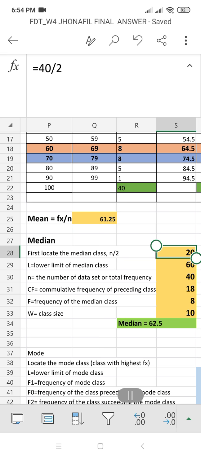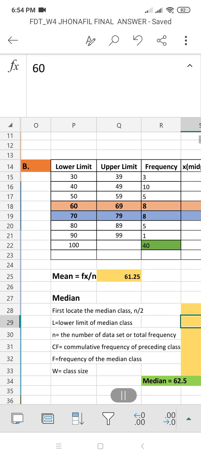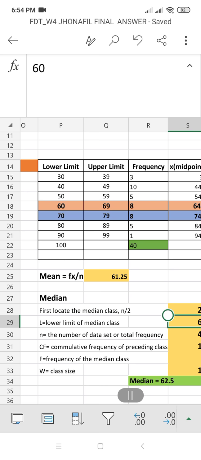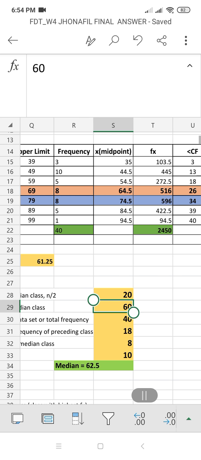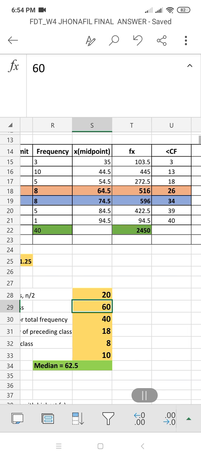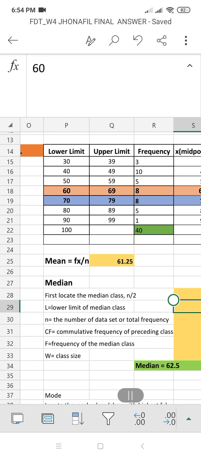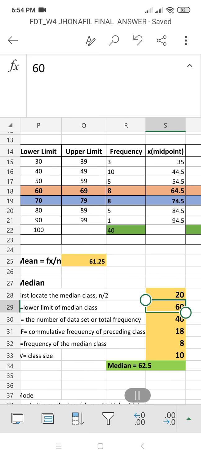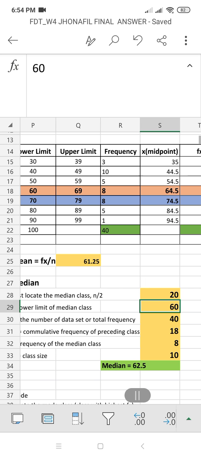Then what is the lower limit of the median class? In the median class, our lower limit is 60. Then next is the N, which is the number of data sets. Our N, as we all know, is 40.